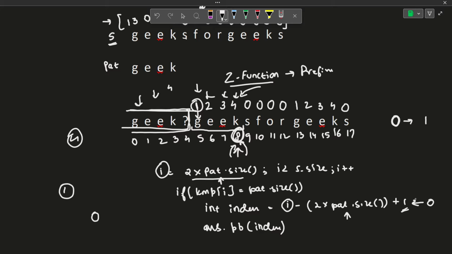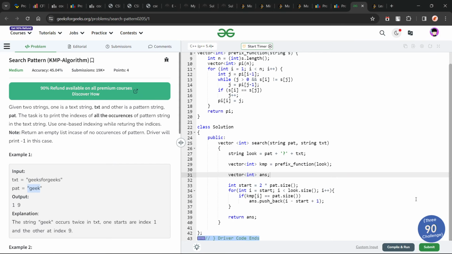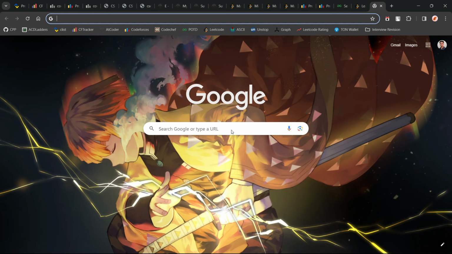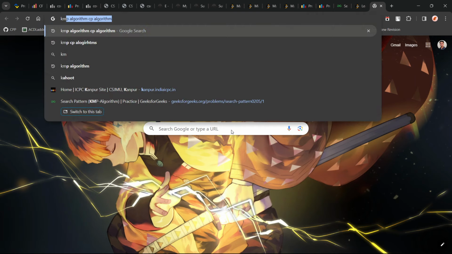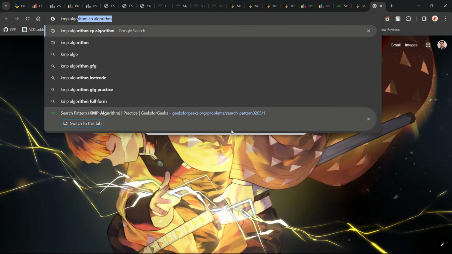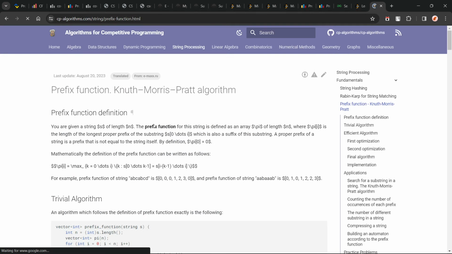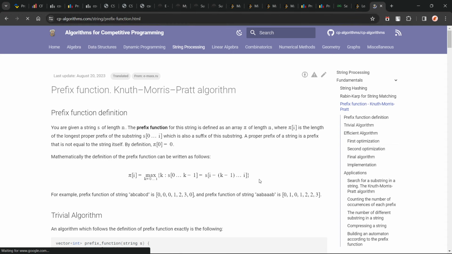Now let us have a look at the final implementation. So you see, this is the prefix function or the KMP algorithm here. Now you might ask, how do we get it? Whenever you want to solve this kind of problem, what you can do is search for KMP algorithm and then type CP algorithm after it, right? So you will get this particular blog. This is a whole website of different algorithms.